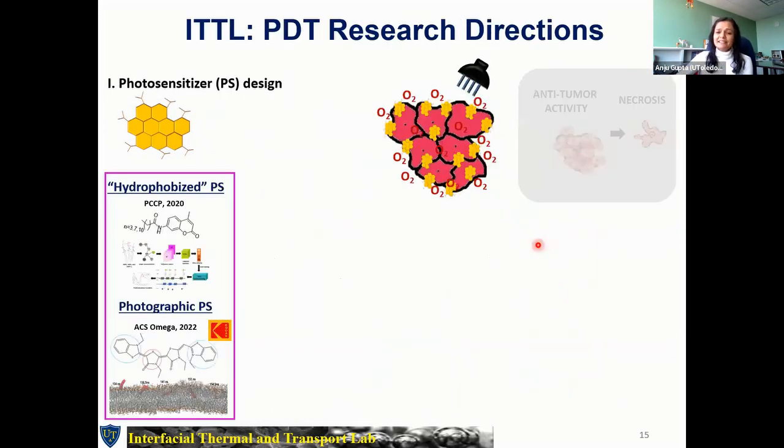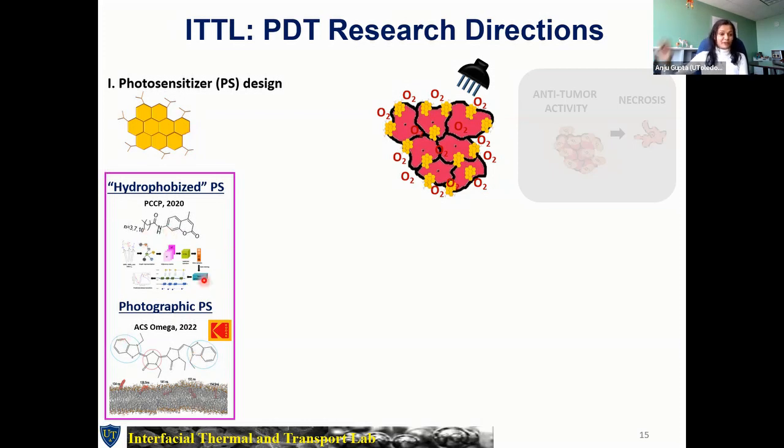So in this slide, I'm going to summarize my various activities that can contribute towards efficient photodynamic therapy. Specifically in this talk, I'm going to present two of our, again, accidental discovery photosensitizers.